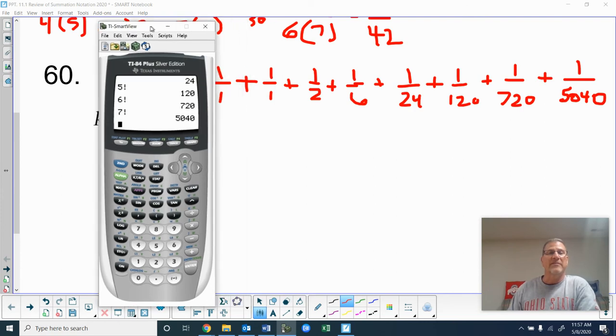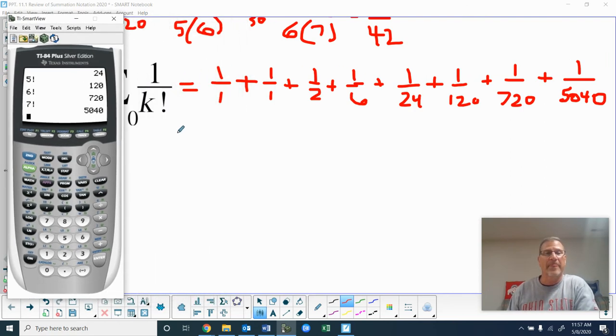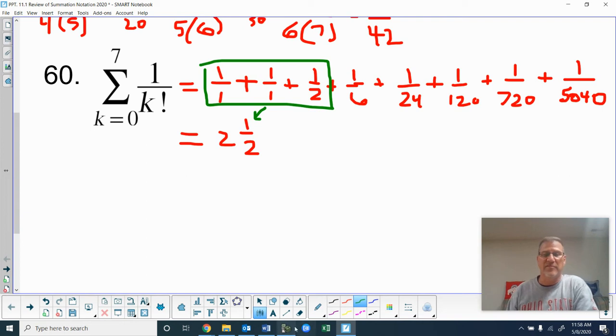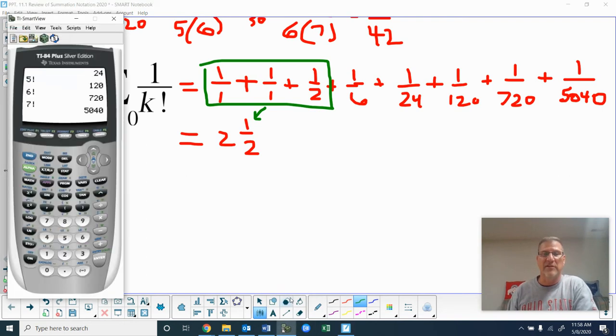All right. Now some of this I can do. 1 plus 1 is 2, plus a half is 2.5. So I got those done, which gave me less to type in. So I'm just going to use 2.5 for that.